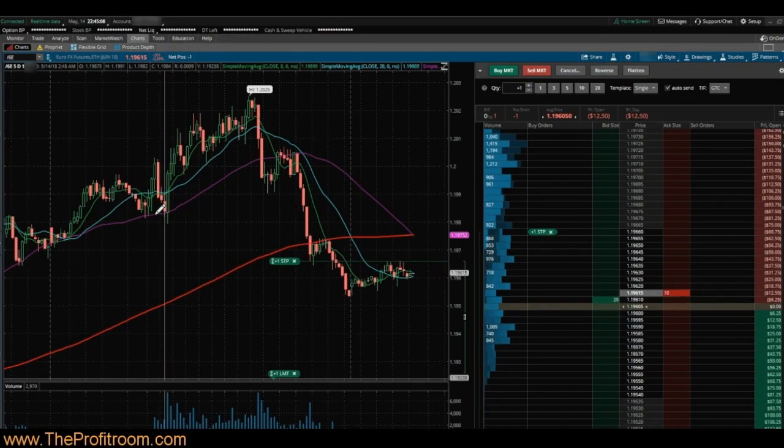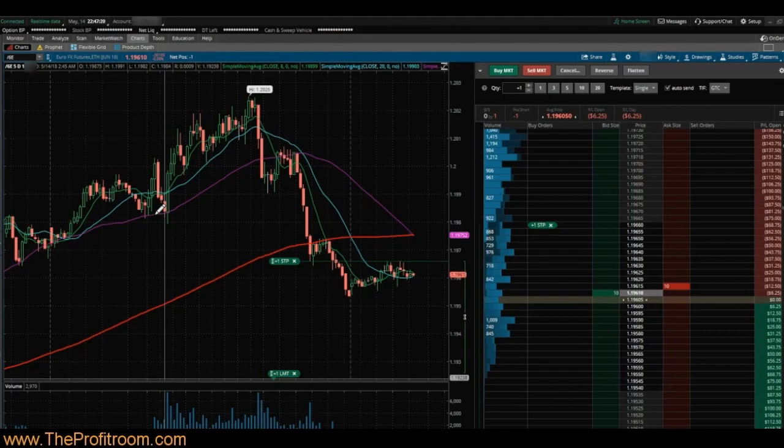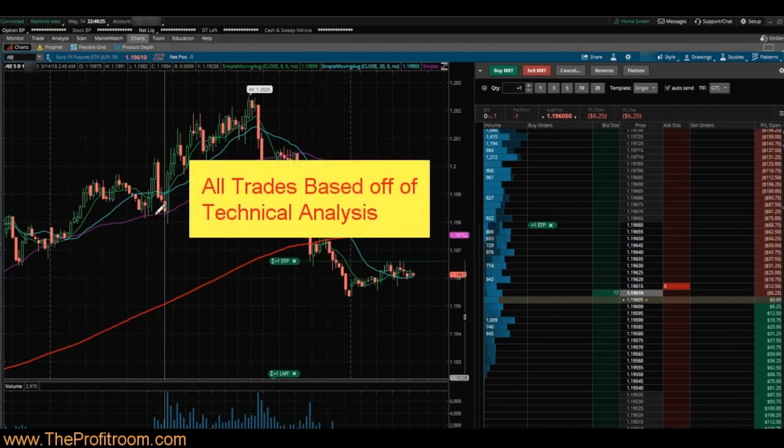So the limit, I was aiming for a nice profit, basically a 9 or 10 risk-reward ratio. So you could say like a 9 to 1. So basically I'm risking $60 to make 9 times that amount of money.